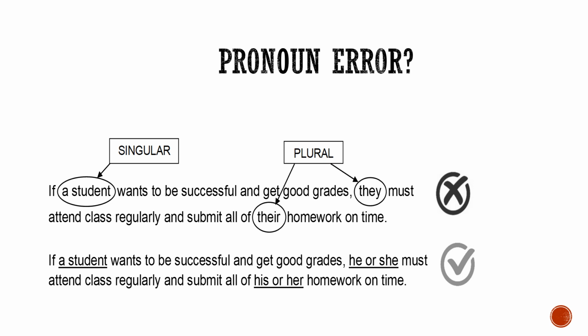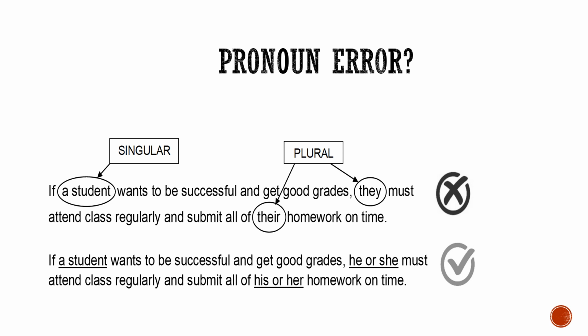If you notice with this example, our antecedent, which is a student, does not agree with the two pronouns because the two pronouns are they and their, and they are plural. So do you see, the student is one, but the pronouns are plural. Therefore, there is no agreement there. So that is a pronoun error.